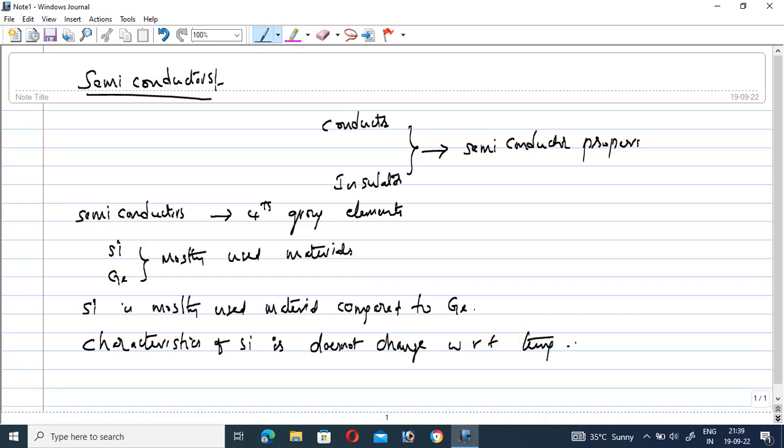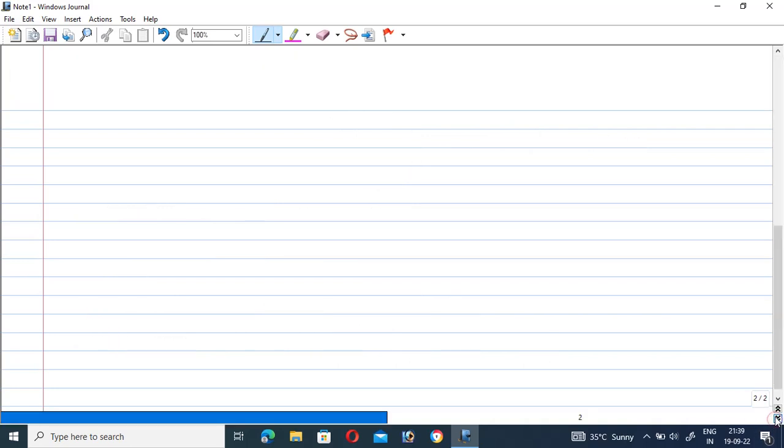It is not that sensitive to the temperature, but germanium is very sensitive to the temperature. Therefore, silicon is preferred widely. Okay, so let us define what is meant by PN junction.